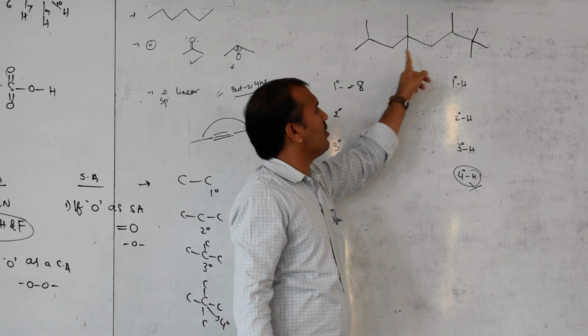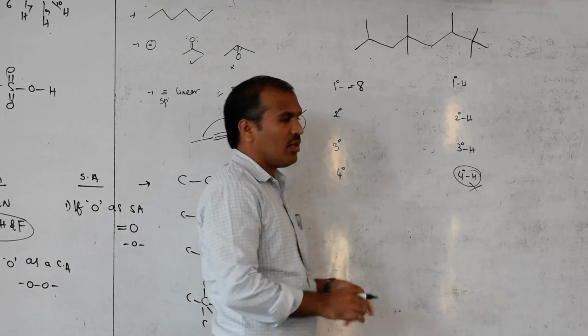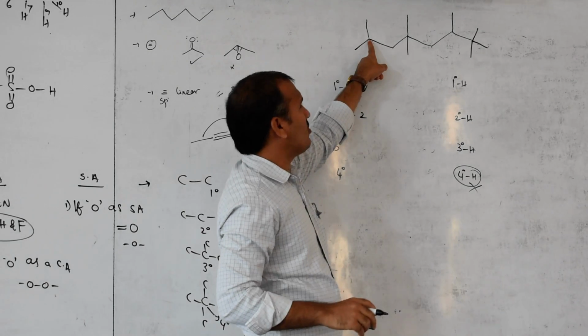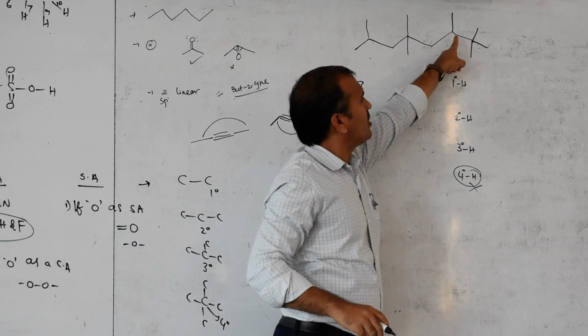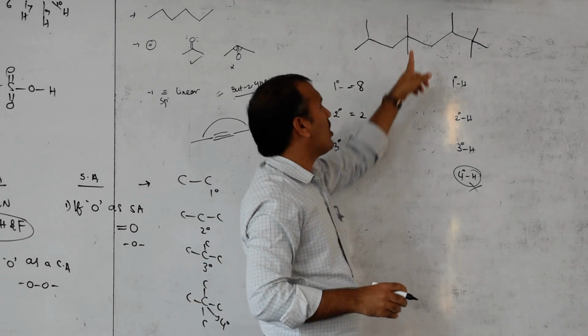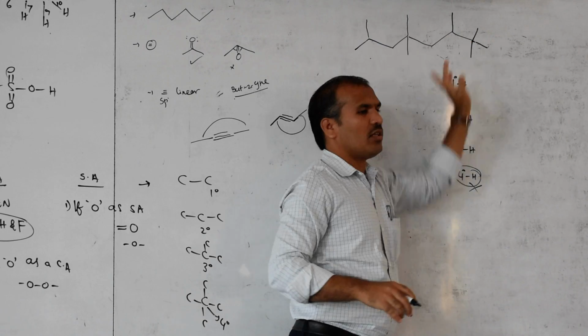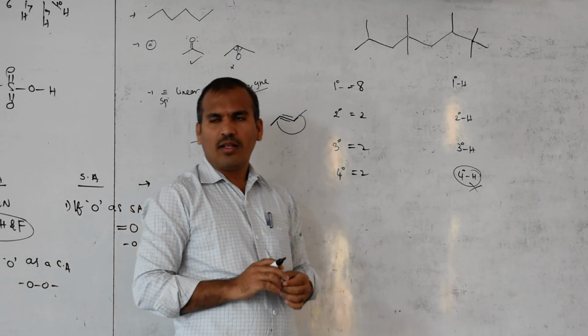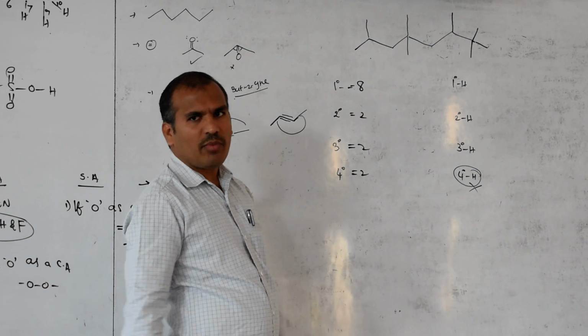So 1, 2. So 2. How many tertiary? This is 1, this is 1, so 2. Then how many quaternary? This is 1, this is 1, so also 2. Got the point here?